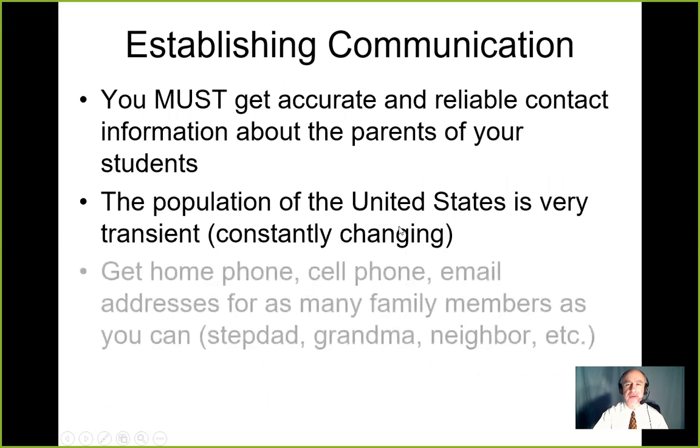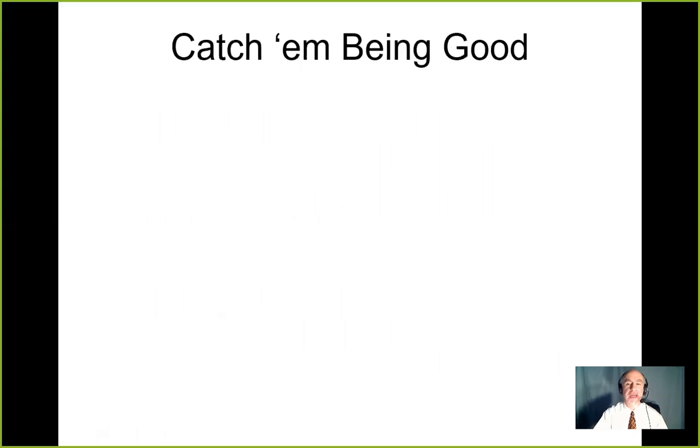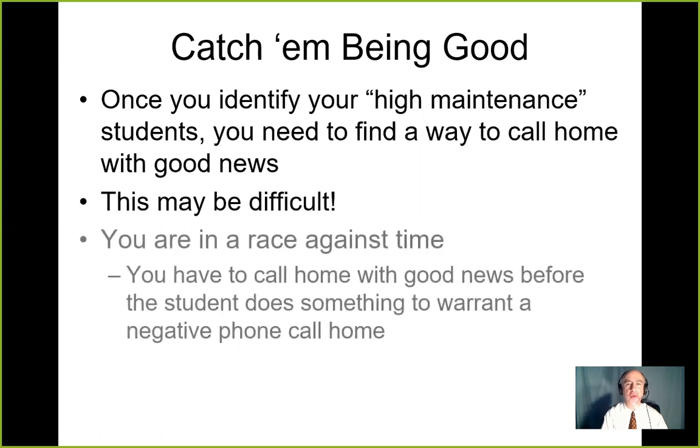So get accurate and reliable contact information about the parents of your students. People are constantly moving, constantly changing their cell phone numbers, getting different cell phone plans. So make sure to get as many contact numbers as you can. Because once you identify your high maintenance students, now you have to find a way to call home with positive news.